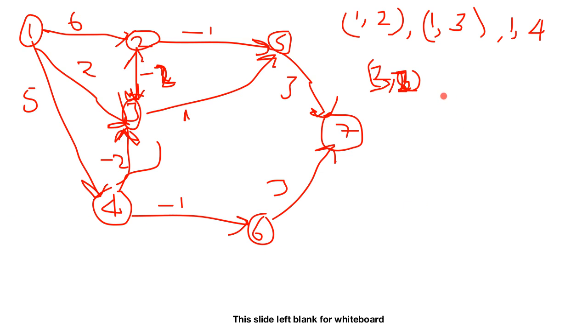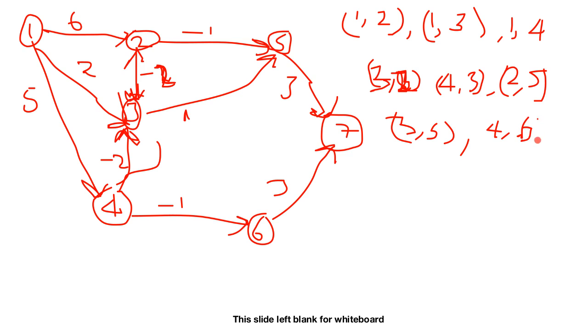Then we have 4, 3. Then we have 2, 5. Then we have 3, 5. Then we have 4, 6. Then we have 5, 7. And we have 6, 7. So those are the possible paths that we are supposed to have.